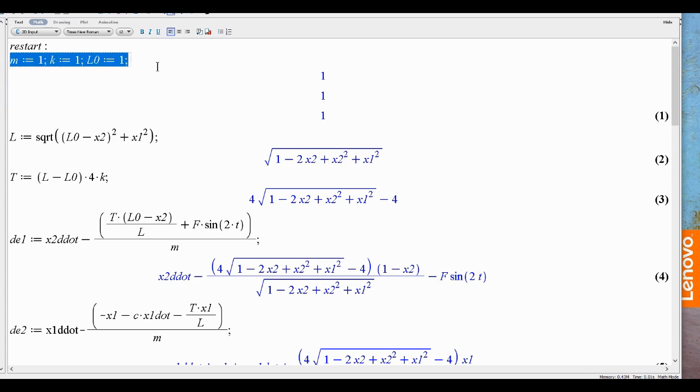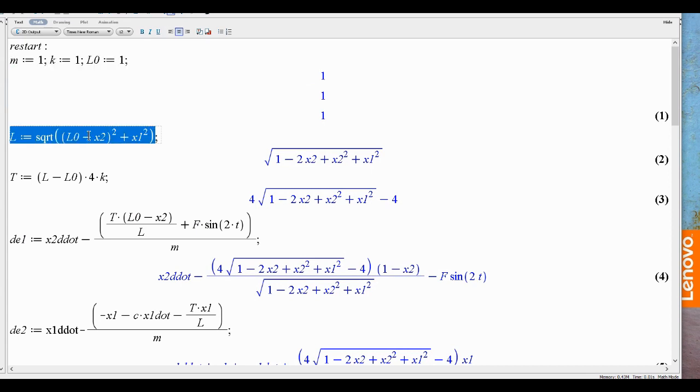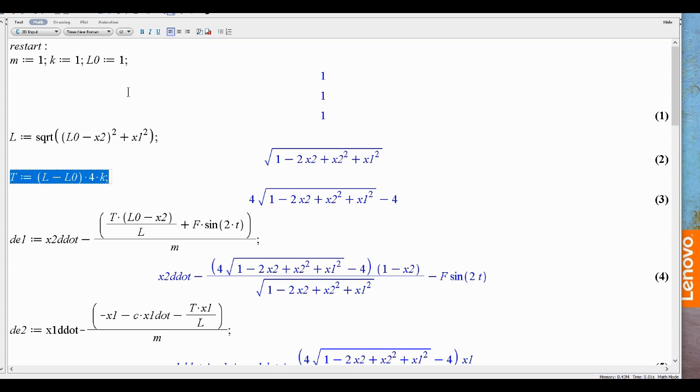I'm defining m to be 1. Here is L as before. Here is the tension. So let me start here. Okay, so then here is the equation. The equation is tension, I'm dividing by the mass. This is x2 double dot.